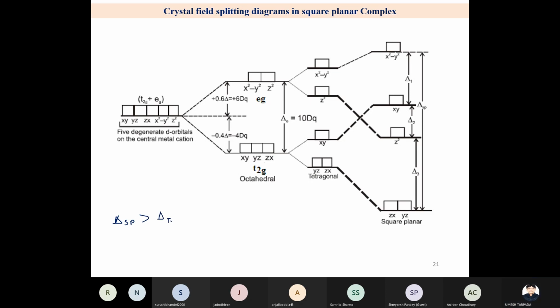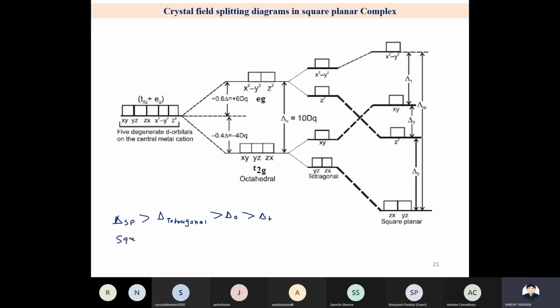Okay, next is tetragonal, then octahedral, and then tetrahedral. So tetrahedral comes last.